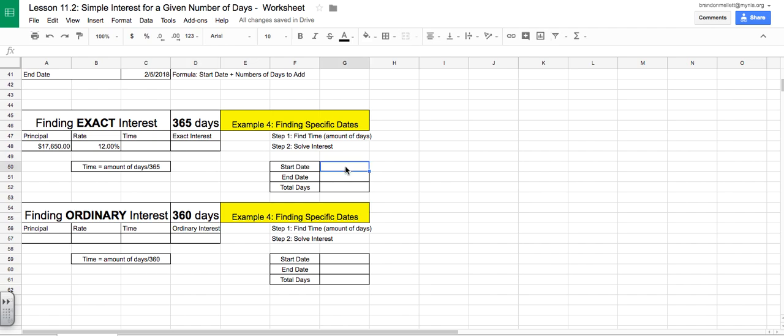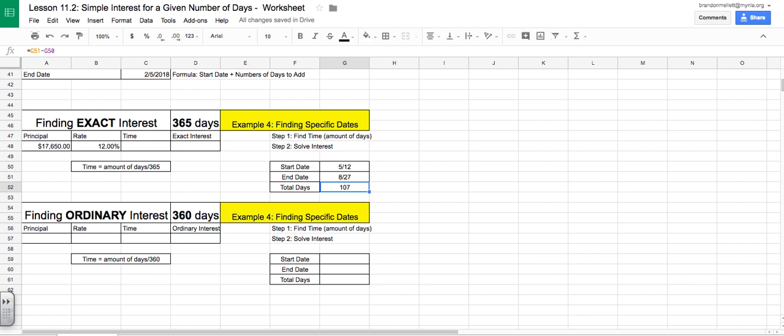So let's look at the dates that are given. The start date for this loan was May 12th, and the end date was August 27th. Now we need to find the total days in between: end date minus start date, 107.